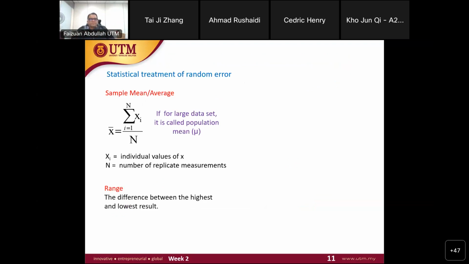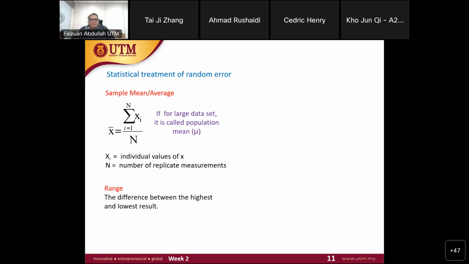Statistical treatment of random error: the sample mean is the sum divided by the number, the average. For a large data set, it is called the population mean, mu. But for a small data set, it is just the sample mean.